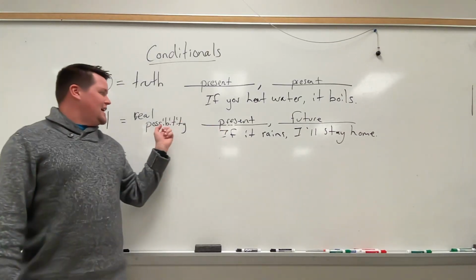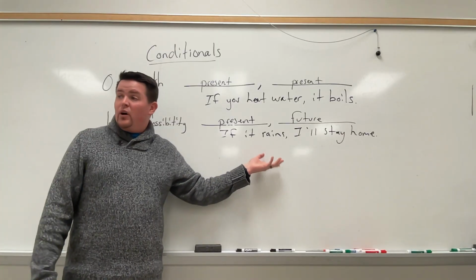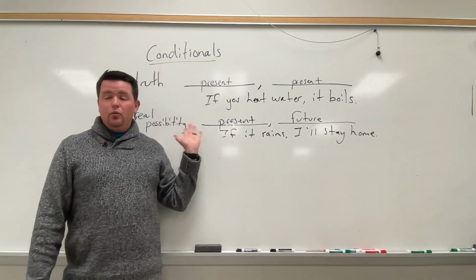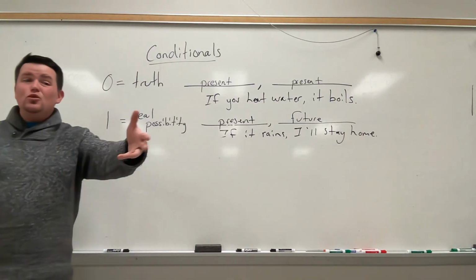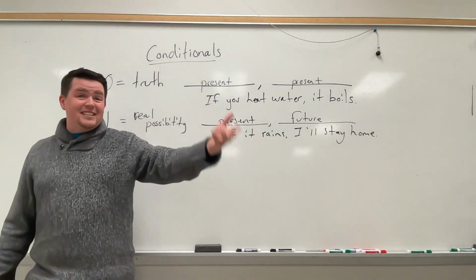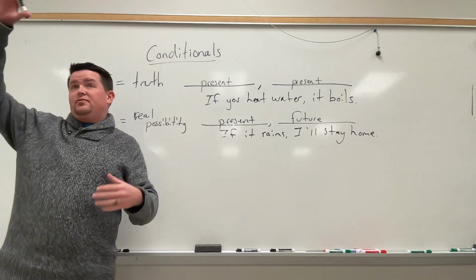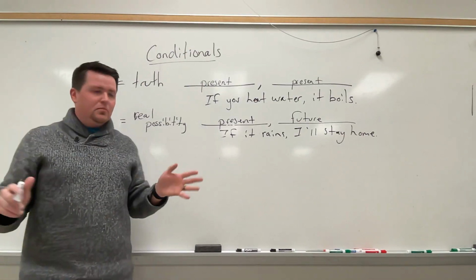So with a real possibility, if you live in a place where it rains, yeah, real possibility. But when we look at the second one, maybe you live in a place that doesn't have rain, right? Maybe you live in a desert, or in Antarctica or way up north where it doesn't rain very much.